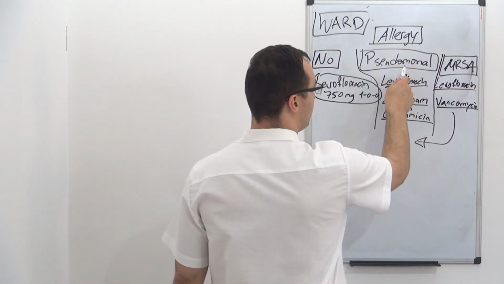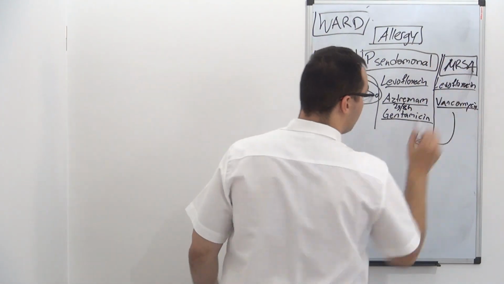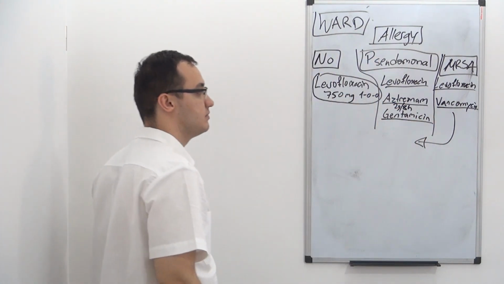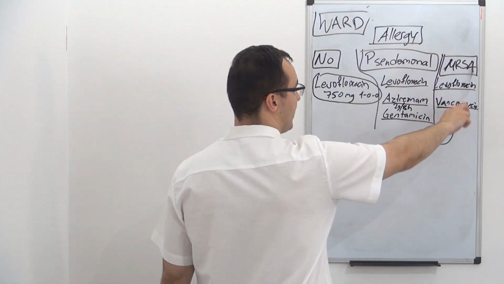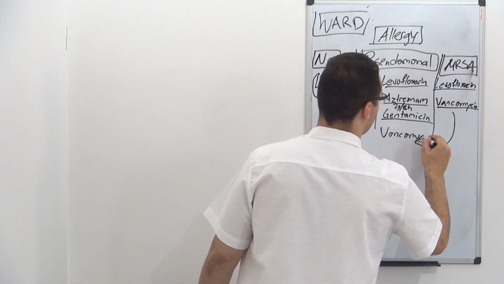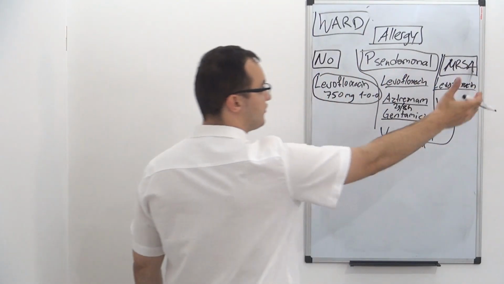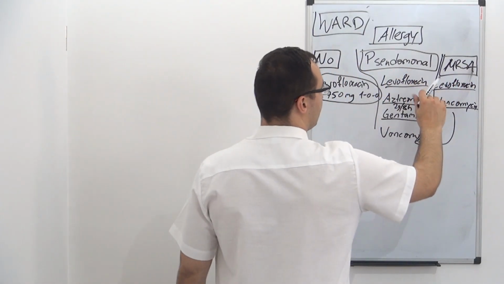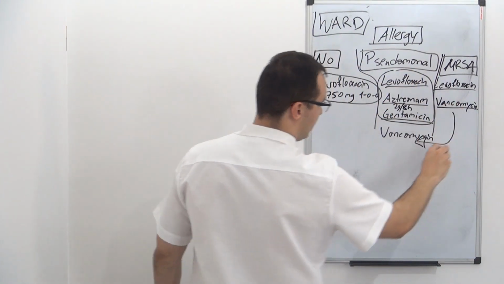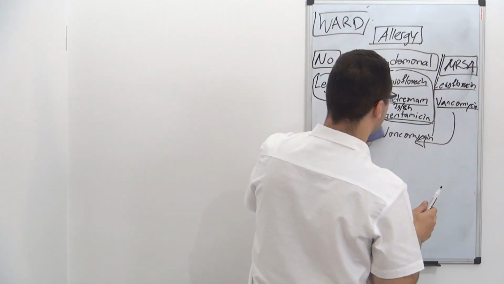This is when we have pseudomonal and MRSA, because then we attack the MRSA with the vancomycin, and we attack the pseudomonal with Aztreonam and gentamicin. So that's what we have to put here when we have a combination. But I have not written a separate one here because I don't have space. So I have written that you just need to combine these together with the vancomycin for when you have risk factor for both of these.